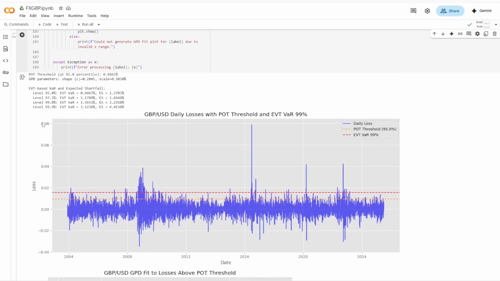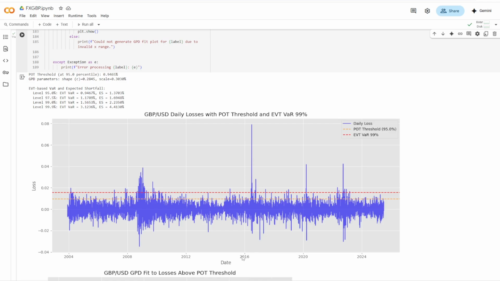If you follow me, here it's loss. On the y-axis there is loss, so everything that you see above the orange and the red line are the big days of pound crashing.